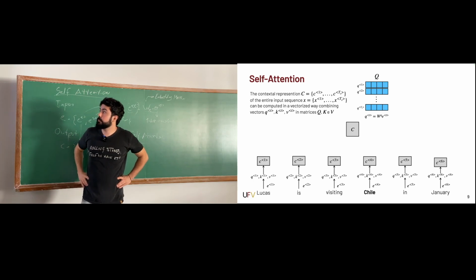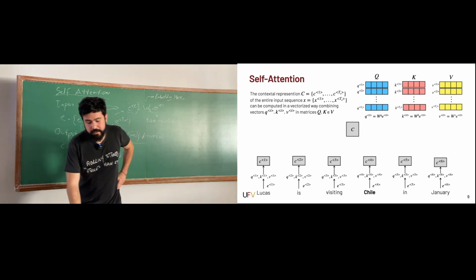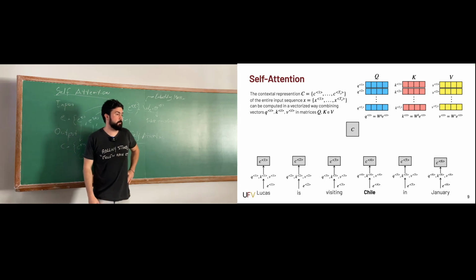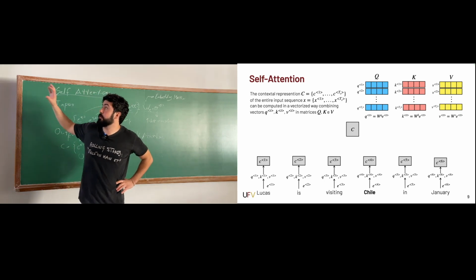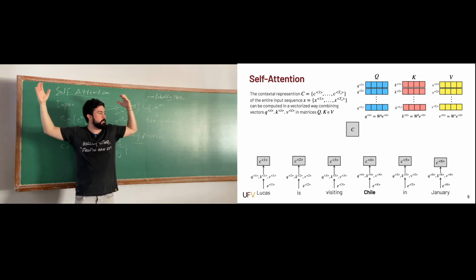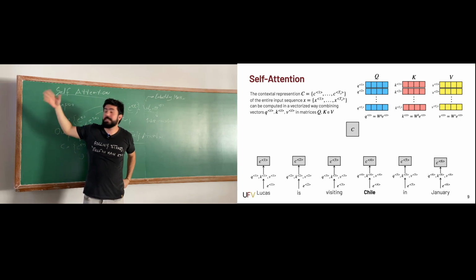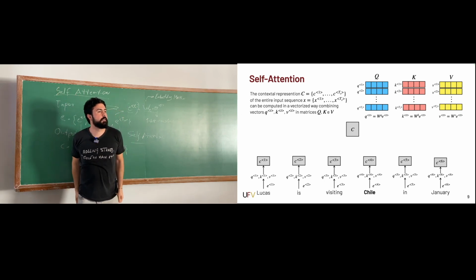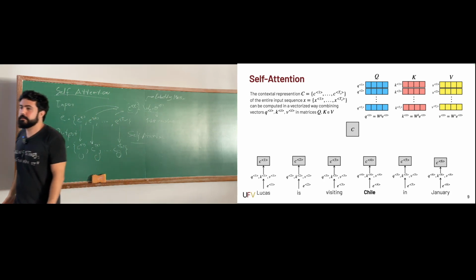Okay? So then we have the K and the V the same way. And the final goal of the transformer is to learn these three matrices. Okay? Because they are all initialized randomly. Okay, and we want to learn them through a loss function and gradient descent.